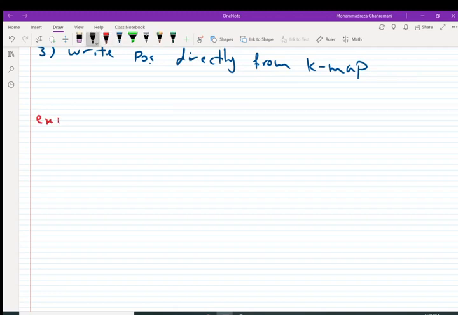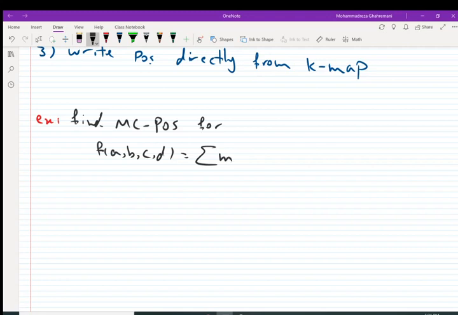Example, find minimum cost product of sum for this function f of a, b, c, d is equal to sigma m 4, 5, 7, 8, 10, 11, 12, 13, and 15.